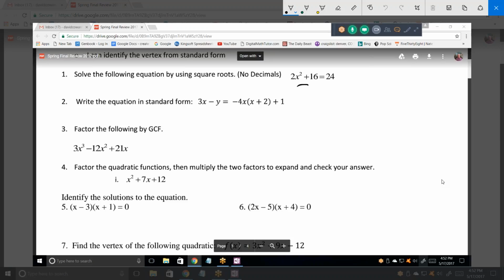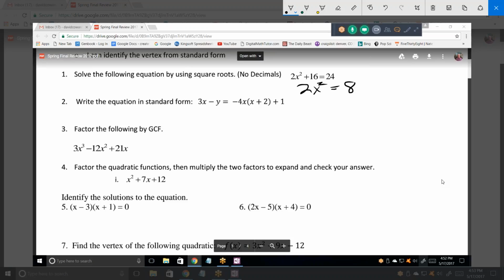It's 2x squared equals, Use a calculator if you need to. In other words, use whatever tools you're going to be allowed to use when you take your test. 18. You didn't use a calculator. No, it's 24 minus 16. Get a calculator if you don't have one in front of you. You should always have one when we have a session. That would be 8. It's 8.